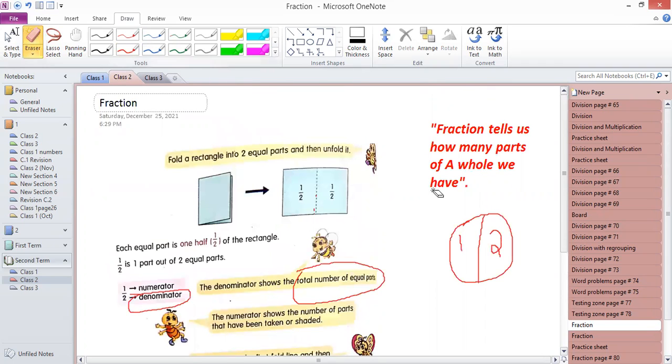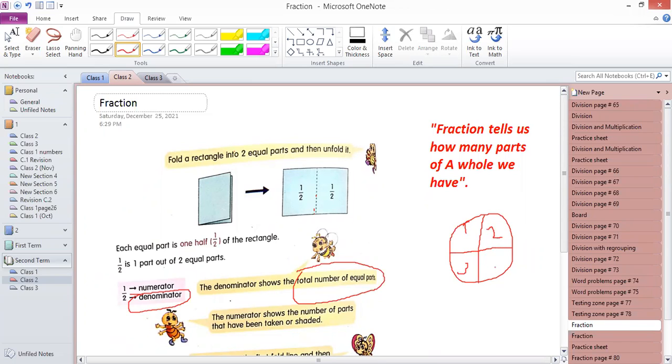You will say, sir, we have divided the circle into two equal parts, that's why the denominator is 2. If we divide the circle into 4 equal parts, the denominator will be 4: 1, 2, 3 and 4.